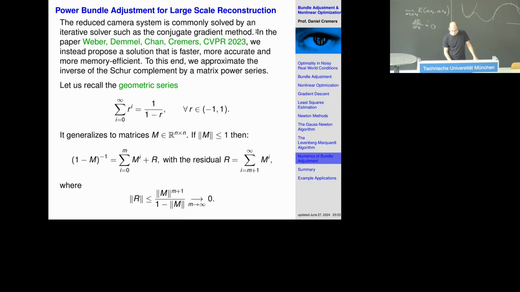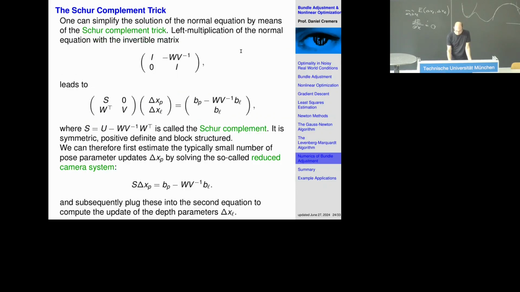And he introduced last year at the CVPR conference a paper that he called power bundle adjustment. And this is a technique to solve this reduced camera system, this equation here, to get the pose updates in a way that is much faster and much more accurate and much more memory efficient than existing methods.